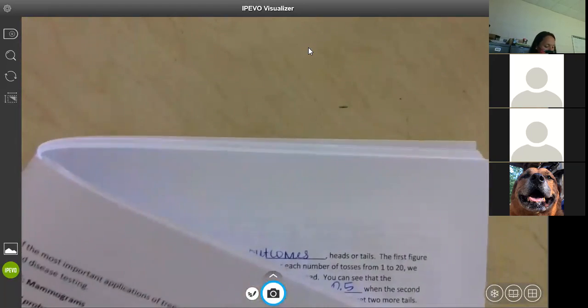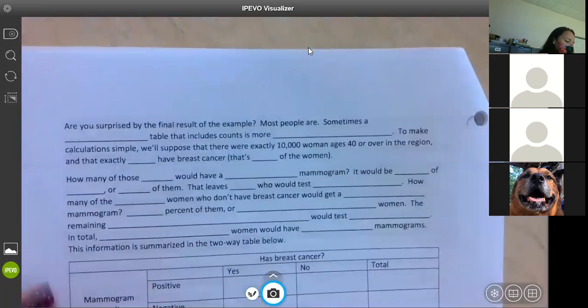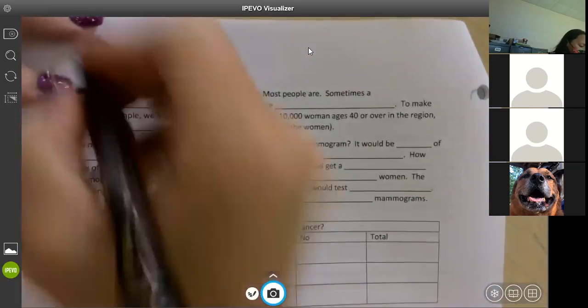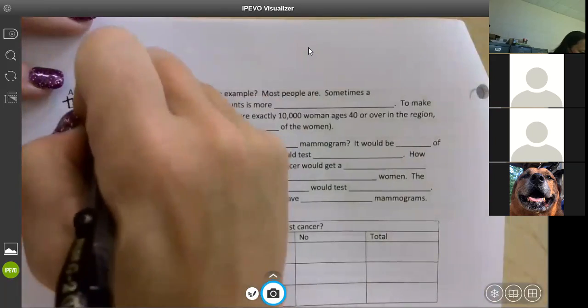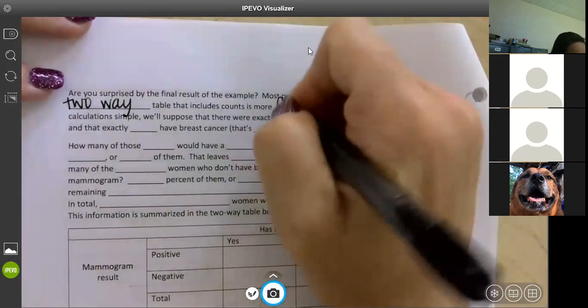All right. Are you surprised by the final result of the example? Most people are. Sometimes a two-way table that includes counts is more convincing.